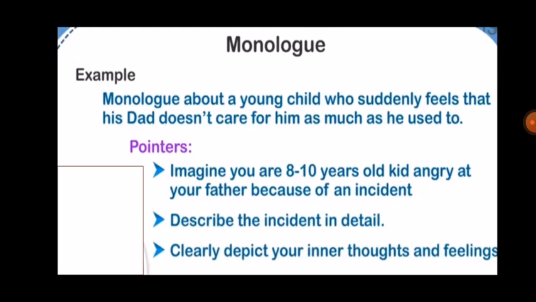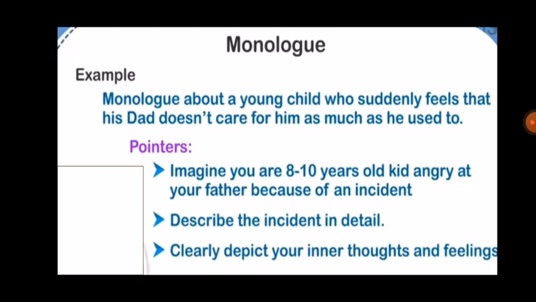next, you must describe the incident in detail. Your thoughts and your feelings towards your father must be written clearly. Now you see in the topic the name of what you have to write a monologue.